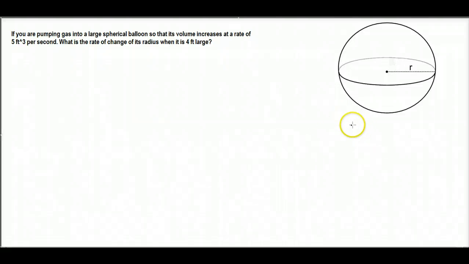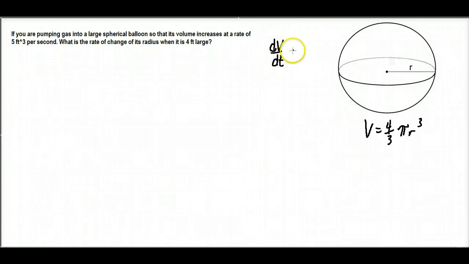So we know that the volume of a sphere is V equals 4/3 pi r cubed. Okay, and when we read this, volume increases at a rate of 5 cubic feet per second, we know that we're talking about the rate of change of volume with respect to time.